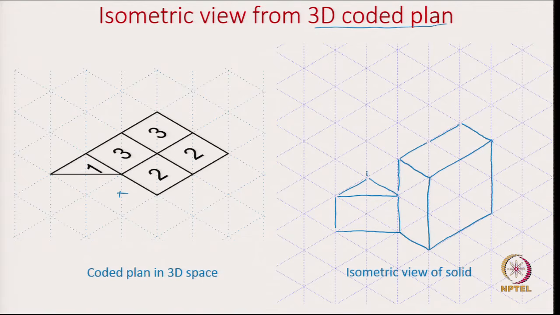So, we have already one height. So, we need to develop only the 2 remaining heights. Okay. I think there are no extra lines to be removed. So, this is the final drawing, the isometric view for this 3D coded plan.